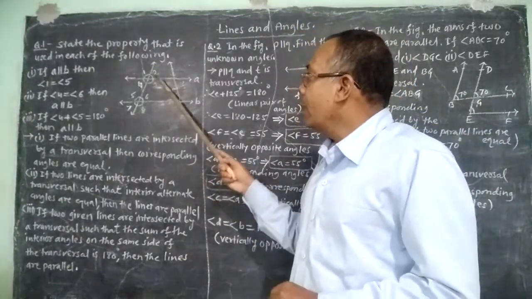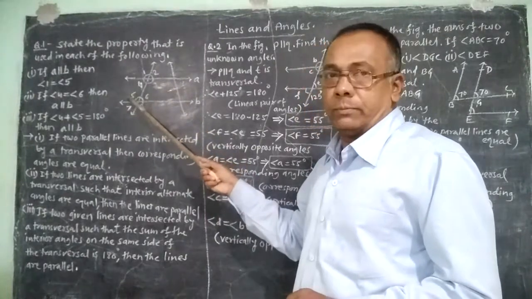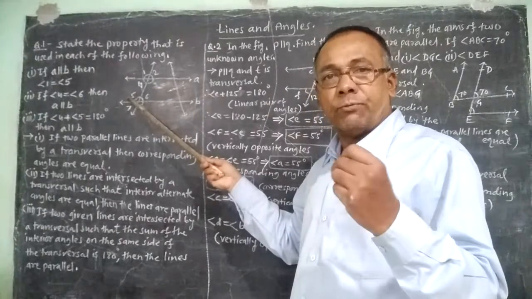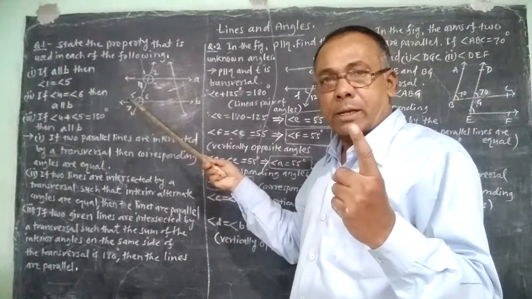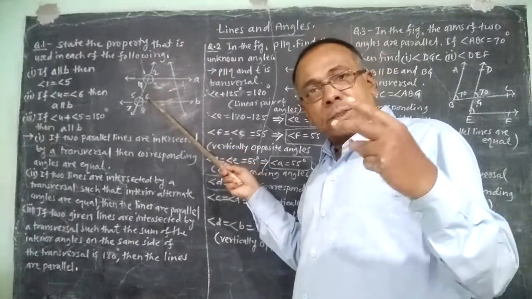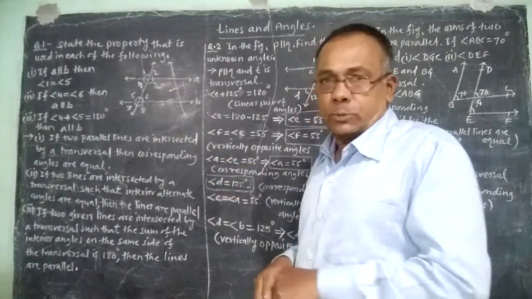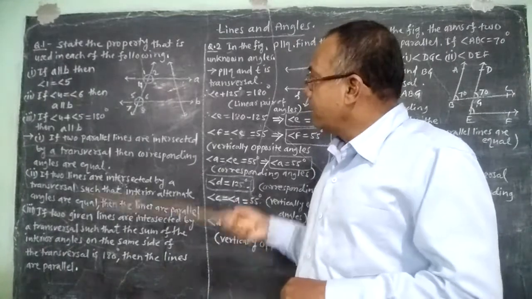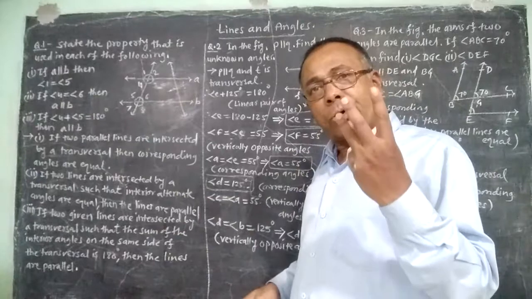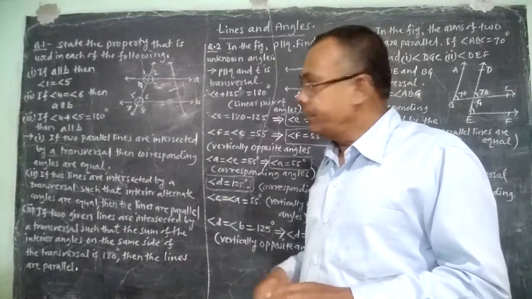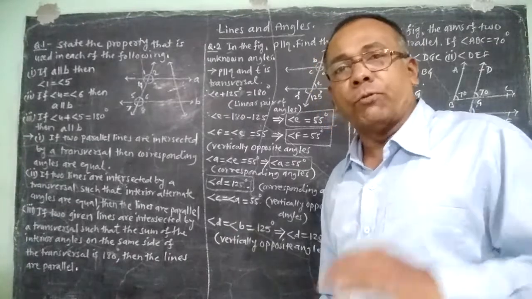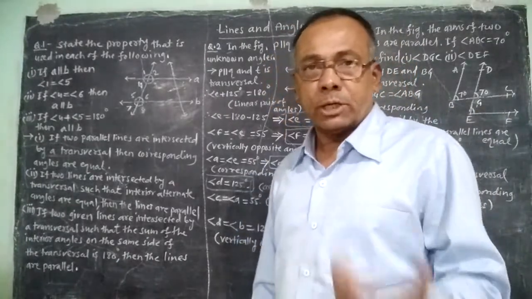Here angle 1 and angle 5 are one pair of corresponding angles. Angle 2 and angle 6 are the second pair. Then angle 3 and angle 8 are the third pair, and angle 4 and angle 7 are the fourth pair of corresponding angles.